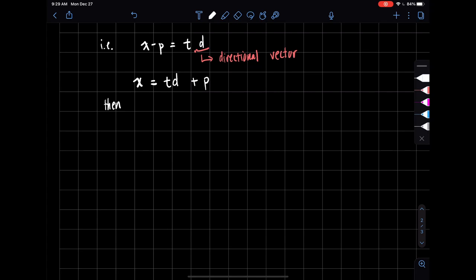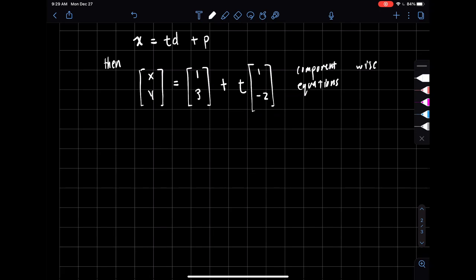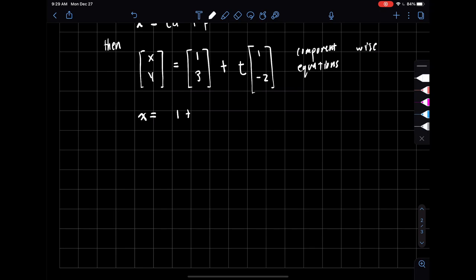So let's look at an example. The column vector (x, y) equals the column vector (1, 3), where (1, 3) is the point, plus t times the directional vector. We call these the component-wise equations, and we can easily parameterize this with x equals 1 plus t and y equals 3 minus 2t.